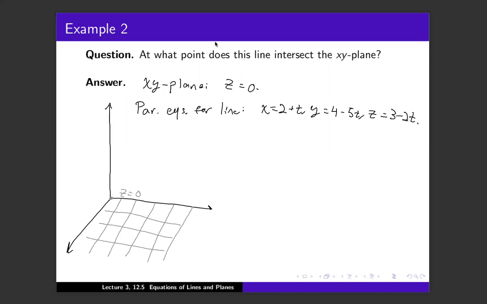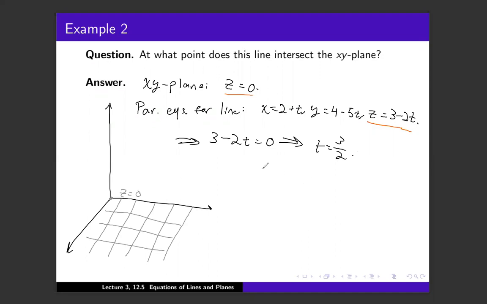So if z equals 0, then what we really need here is to use the fact that z equals 0 with what we know z has to be for our line. What that is telling us is that 3 minus 2t is equal to 0. Well, the only way that happens is if t is equal to 3 halves.